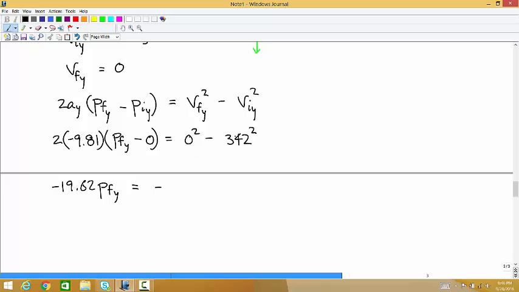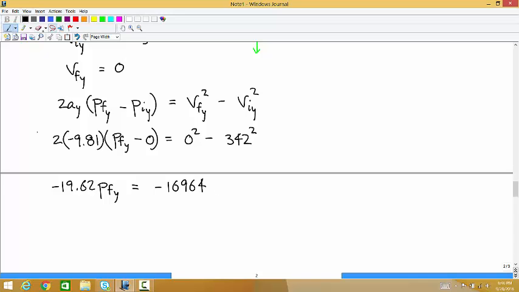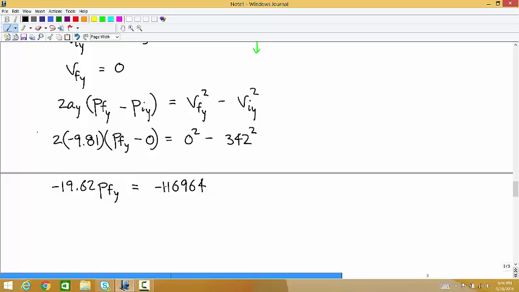What's 342 squared? 116,964. That's huge. That's gigantic.